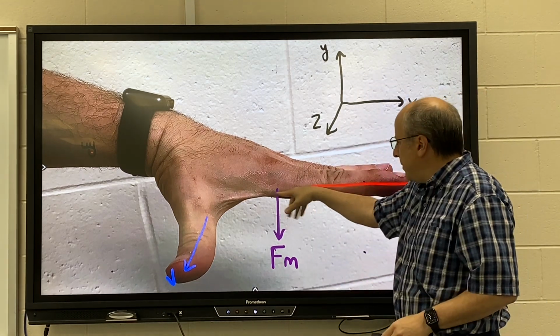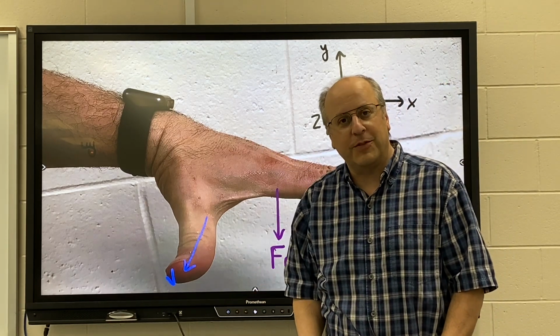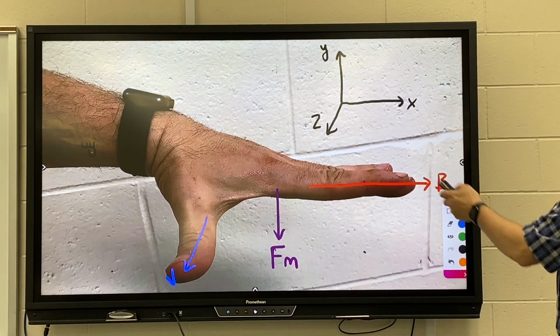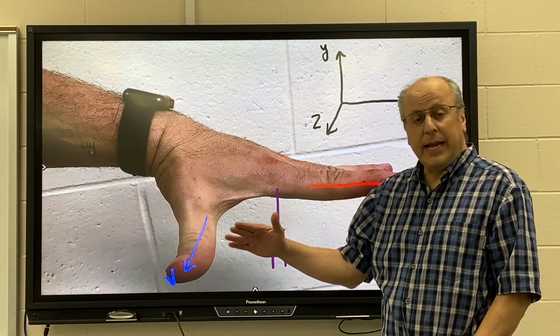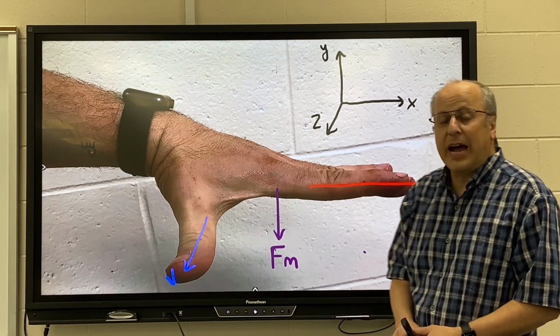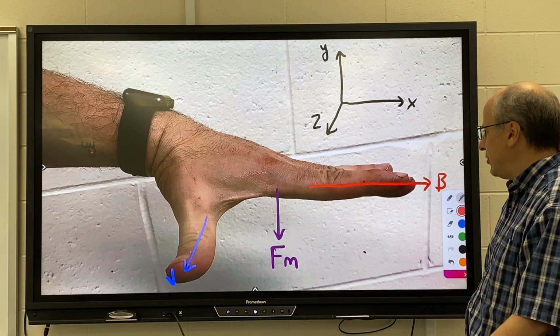And then the palm of your hand will push toward the direction of the force. Okay? So again, use your left hand if it's a negative charge, right hand if it's a positive charge, and this is the rule to figure out the direction of the force on that charge.